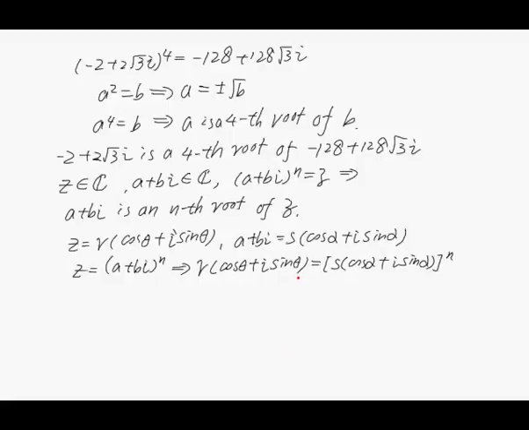Now, by using the de Moivre theorem on the right side, we get r times cosine theta plus i times sine theta equal to the nth power of s times cosine of n alpha plus i times sine of n alpha.